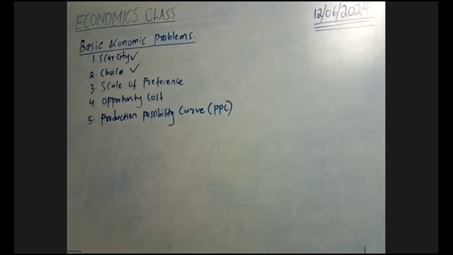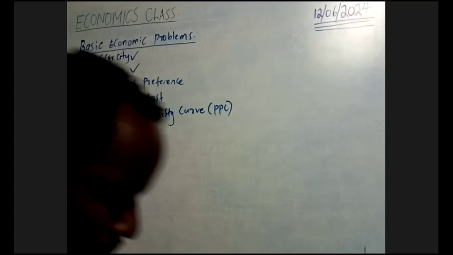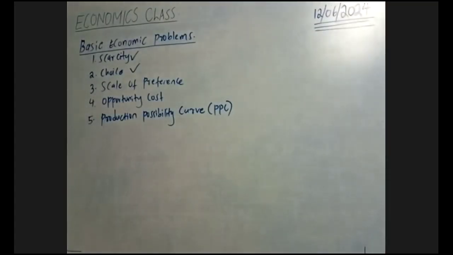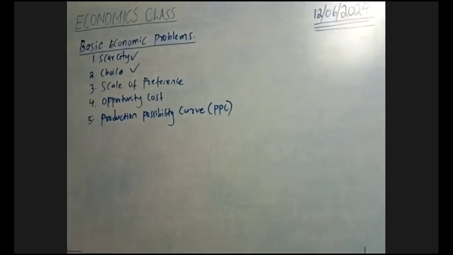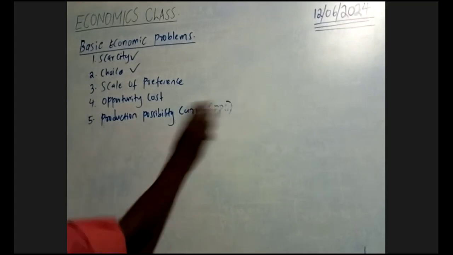So I want us to start with scale of preference. So these are the basic economic problems. In an exam, if you find a question to state or explain any basic economic problems, you shall state these items. So we did scarcity and choice. Now we continue with number 3, scale of preference.